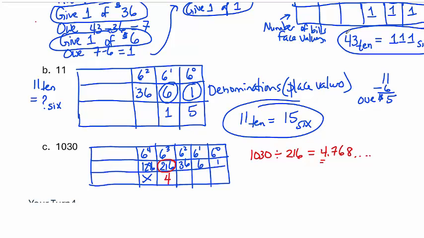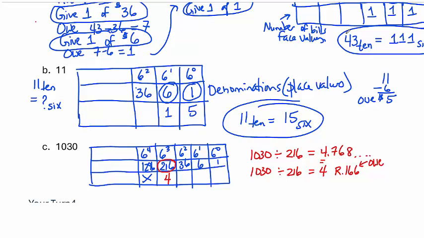So I'm going to put 4. I know I need 4 of these $216 bills. But in remainder form, and in my class we talked about how you could multiply the decimal part, the 0.768, etc., by the divisor, which was 216, and get the remainder. Or there's other ways to do it, but this is 4 with a remainder of 166. That means that we still owe $166 after giving 4 of these $216 bills.